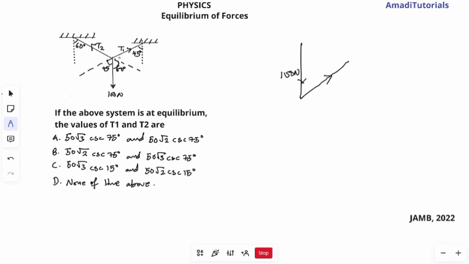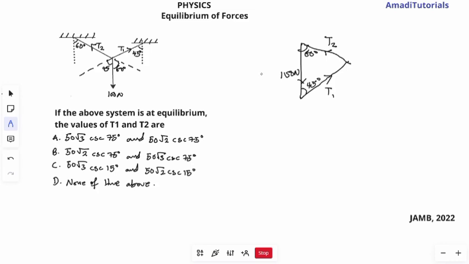So that means the angle T2 makes with this horizontal, if you carry it the way it is and place it here, this is it. The angle it makes there is 60 degrees, and this one is 45 degrees. So this is T2 here, and this is T1.